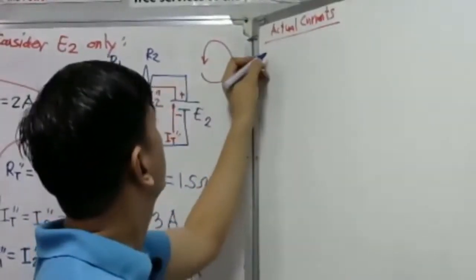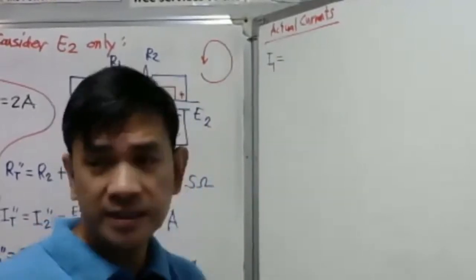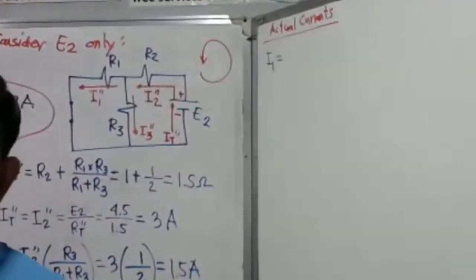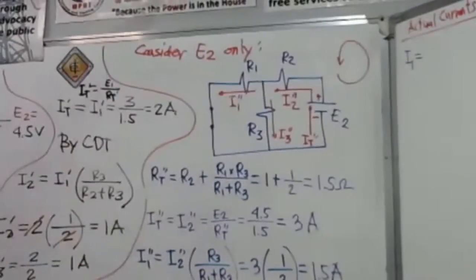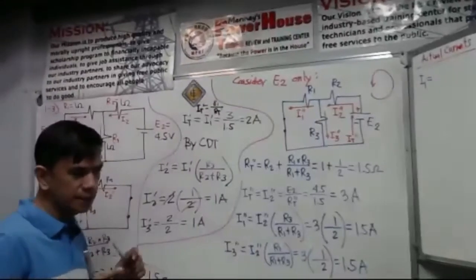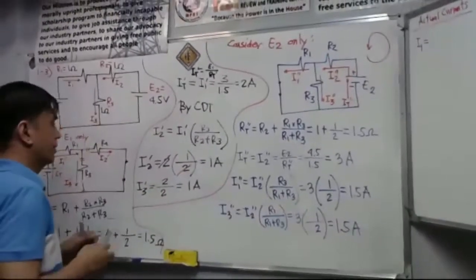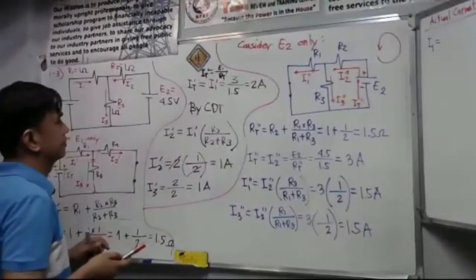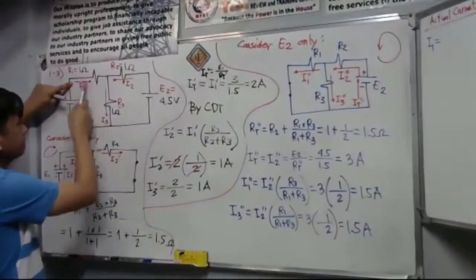So let us have our I1. This will be the sign convention: if they have the same direction, that is positive, just like in Maxwell's mesh method. Originally, our I1 is going to the right.